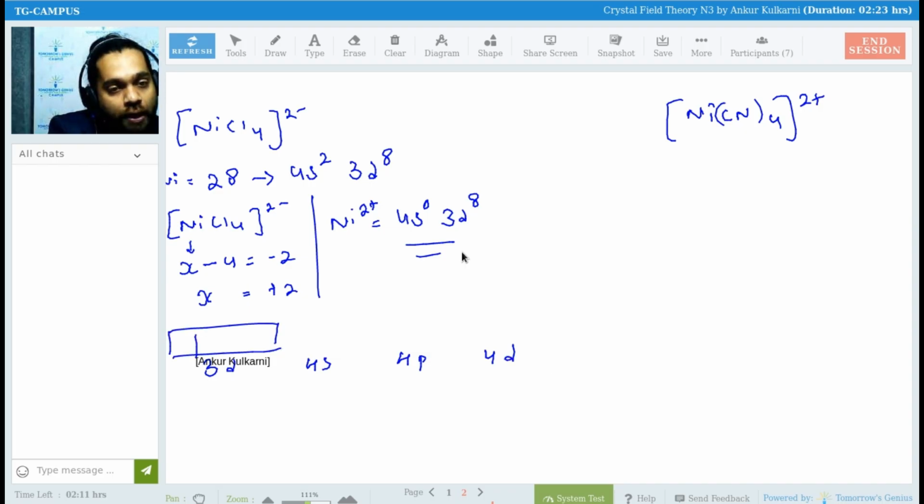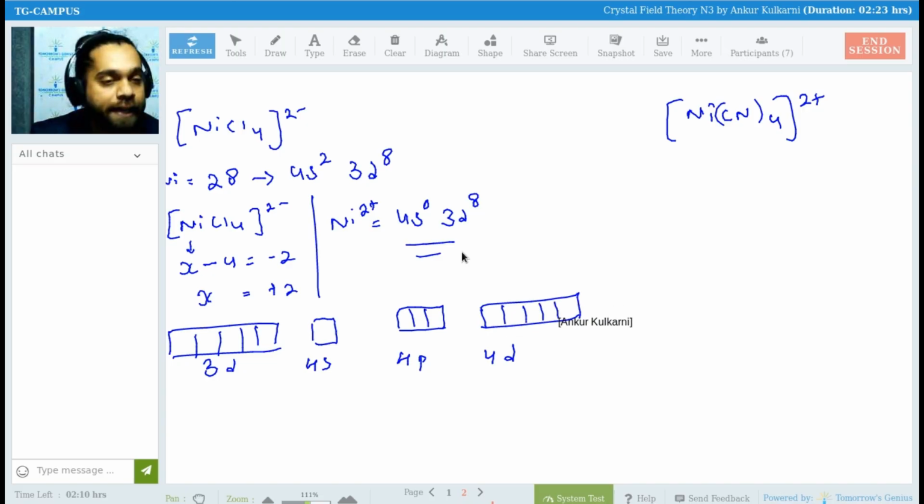Is it clear till over here? We have to go in the order 3D, 4S, 4P, 4D, 4F. Now over here, how many electrons are there in the D? There are 8 electrons, correct?